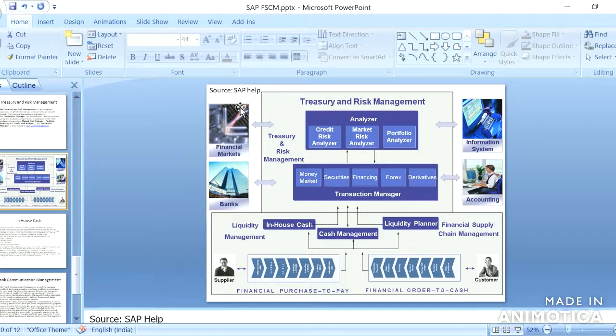Even I am interested in doing some research on treasury and risk management. What I understood is that treasury and risk management mainly works on the money market, like dealing with shares, securities, how it is financed, and the foreign exchange rates and derivatives.